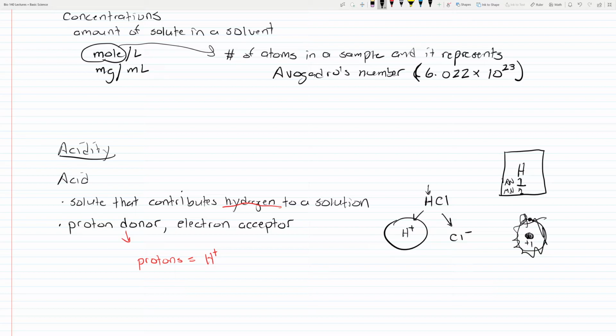Now you'll be like, well, can you have an isotope? Yes, of course you can. If I have a proton and a neutron inside of that nucleus, is it still a proton donor? Yes, it still is. The neutron doesn't do anything. It's just sitting there being neutral. It is the proton that does the work of the acid. Now, acids can be either weak or strong.